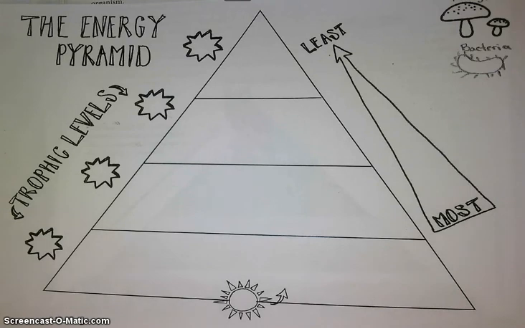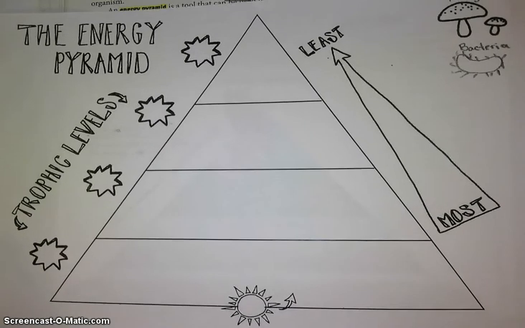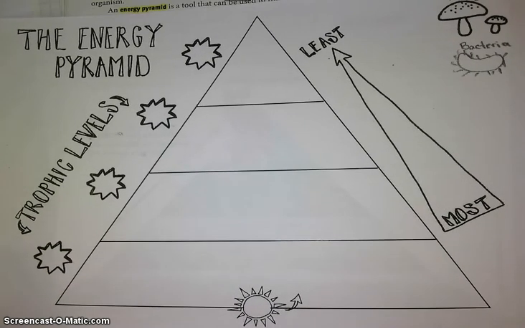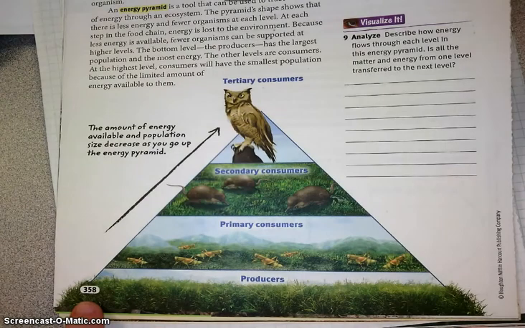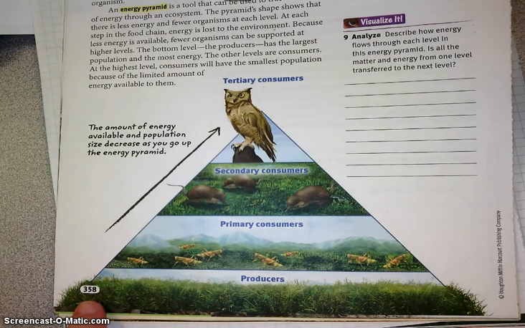So we're going to talk about the energy pyramid, and you have probably seen an energy pyramid before. In fact, if you are on page 358, there's a beautiful energy pyramid there. And it says that an energy pyramid is a tool that can be used to trace the flow of energy through an ecosystem.